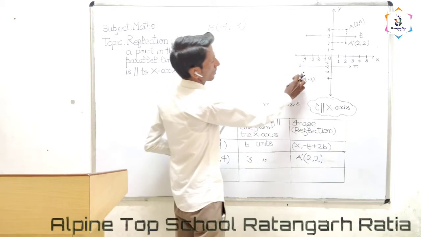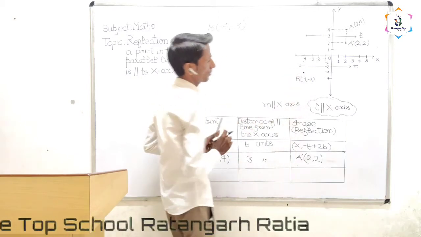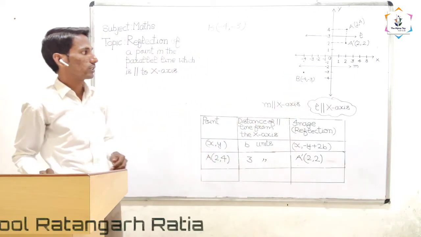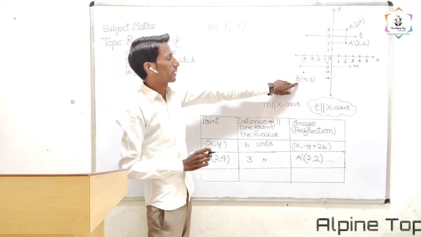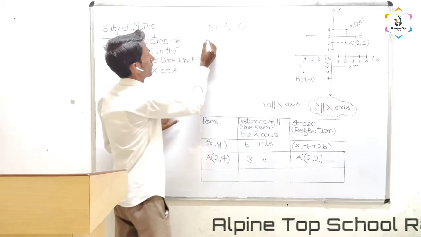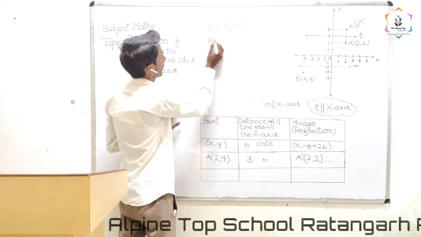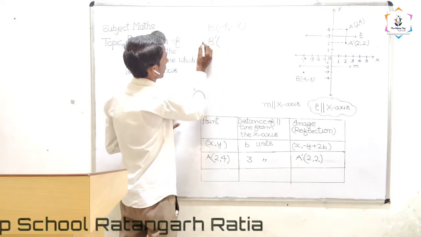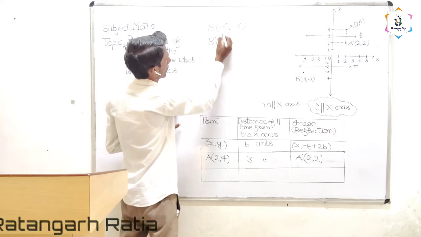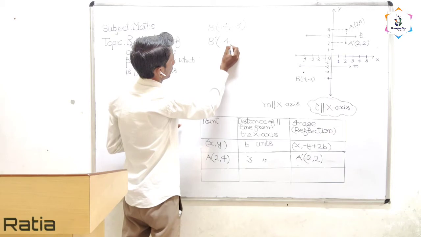I have drawn this point already in the graphical system. Now I want to do the calculation in rough form so that I am able to find the image of this point B. First I want to name the image of point B as B dash. Now what changes do I have to make here? Abscissa I have to write the same.